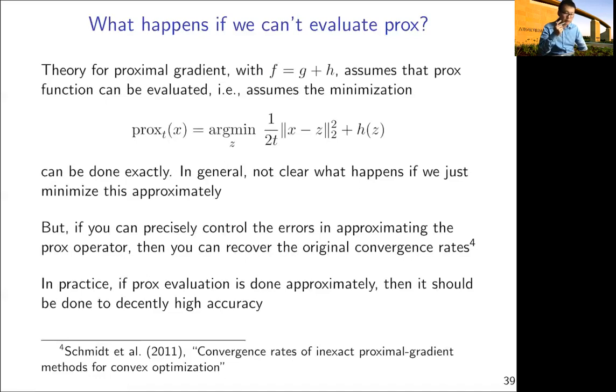In general, solving this prox update might be as difficult as simply minimizing h of z. What is really the difference? The additional difference is this added regularization term. With this additional term added to h of z, the problem becomes a lot more regular, a lot more well-behaved.